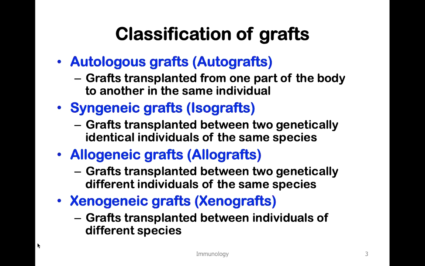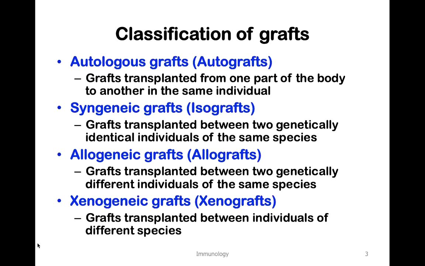So there are no chances of rejection in that case, because it is obtained from the same individual. Then we have syngeneic grafts or isografts. These are grafts transplanted between two genetically identical individuals of the same species.